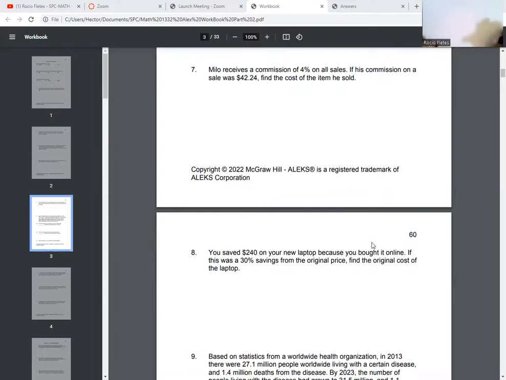So 4% commission on all sales. If his commission on a sale was $42.24, find the cost of the item sold.